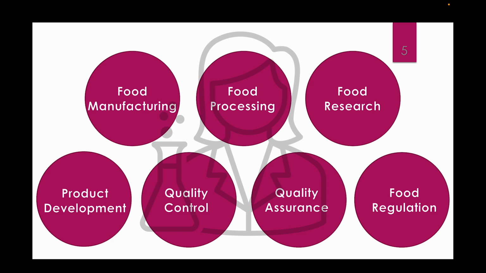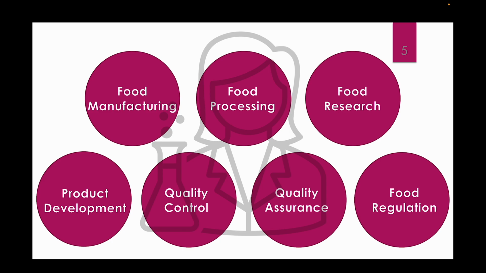One food processing example is cereals. Cereals are made of different ingredients, which by themselves don't taste very good. Those ingredients are called raw materials. Through food processing, those raw materials are converted into cereals, which are more palatable and more convenient for consumption.